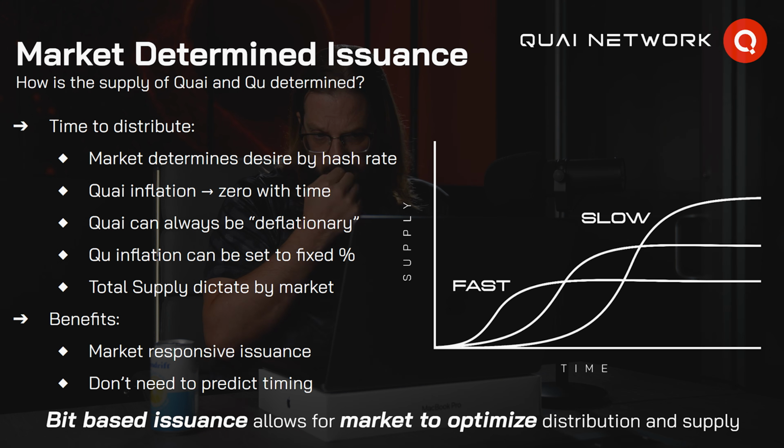But let's say, as with POEM, if the user base doubles, we're actually making it twice as hard to find Quai. Quai will always be net deflationary relative to growth, meaning, if we double in size, I'm halving the amount of Quai going into the world, so that would create a deflationary price profile.